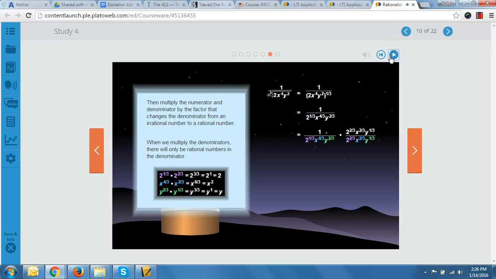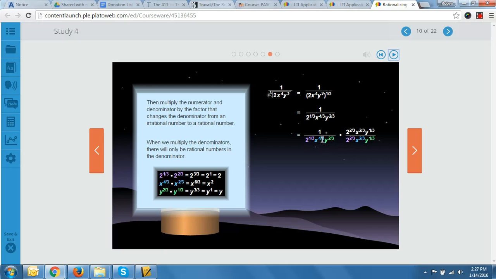Then we multiply our numerator and our denominator by whatever cancels out our fractions. For example, I already have 2 to the 1/3. To cancel that out, meaning canceling out the fraction, I would multiply that by 2 to the 2/3, because 1/3 plus 2/3 is going to give me 1 whole.